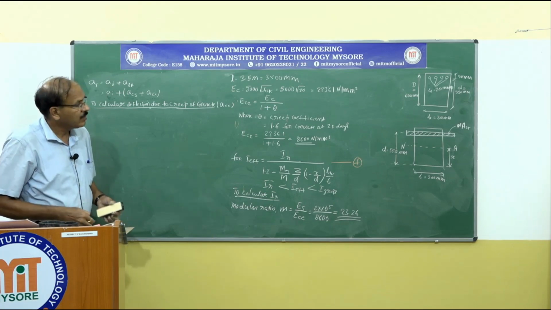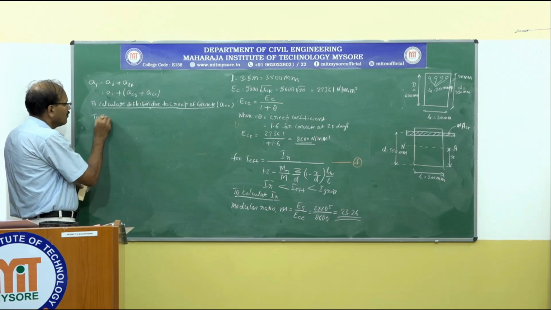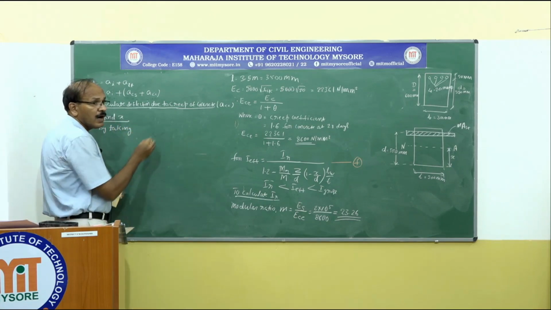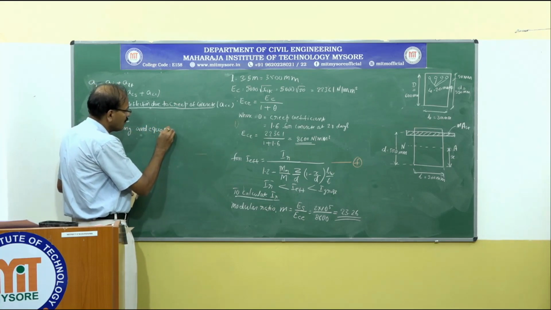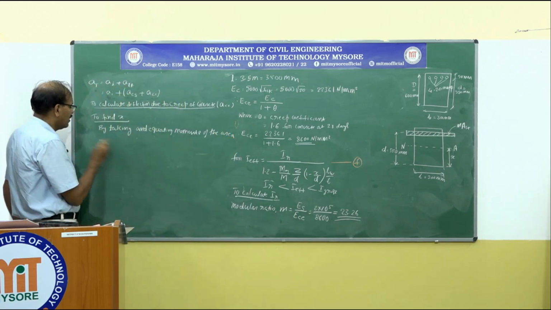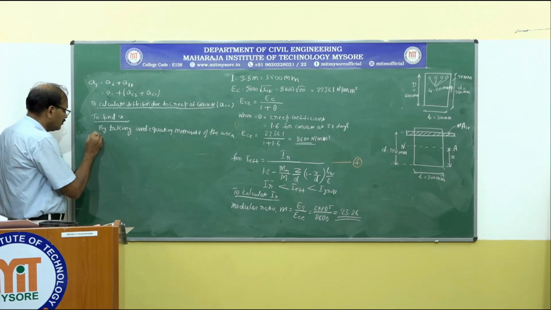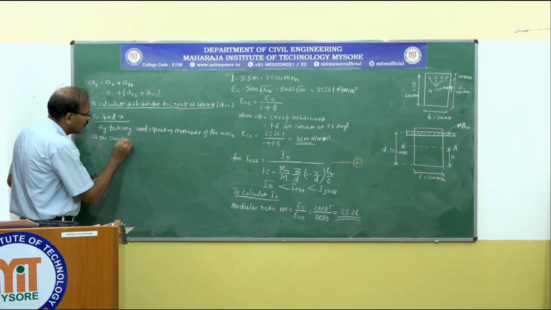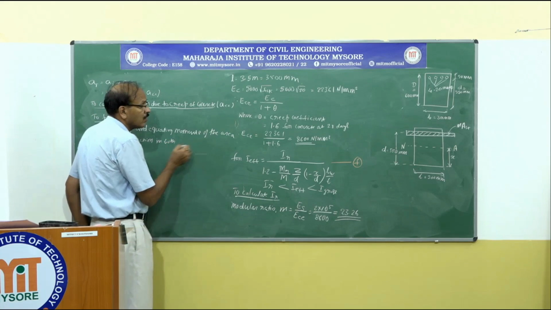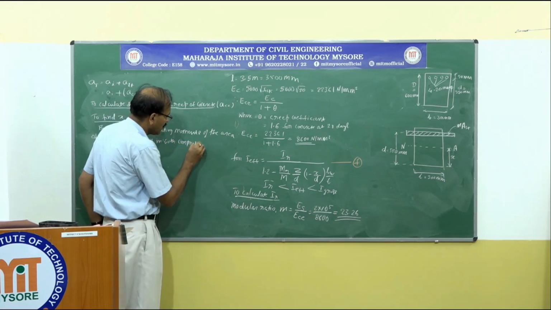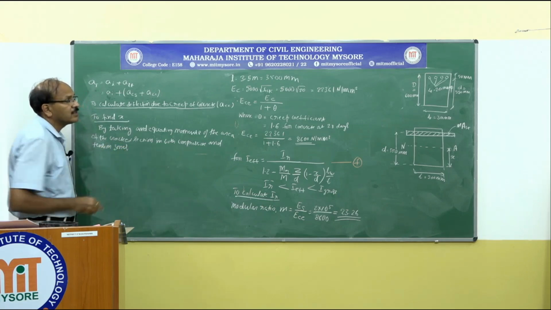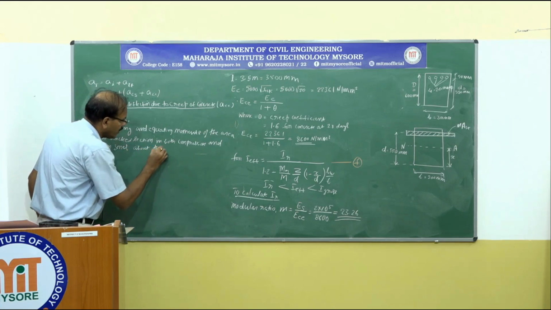Okay. Going further, to find out x, by taking moments and equating moments of the area of the cracked section in both compression and tension zones about the neutral axis.